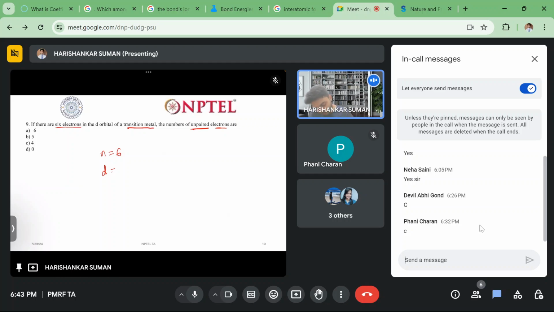Please find out the unpaired electrons. I think this is a 12th level question. Please find it. You have 5 minutes. Ola, please respond to this question.